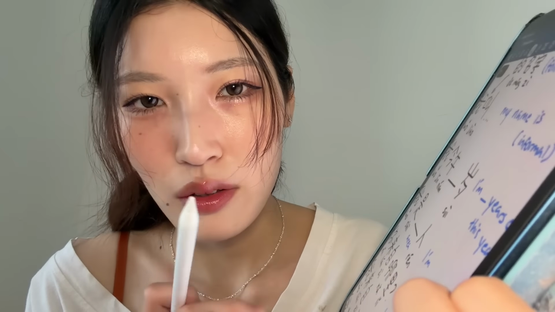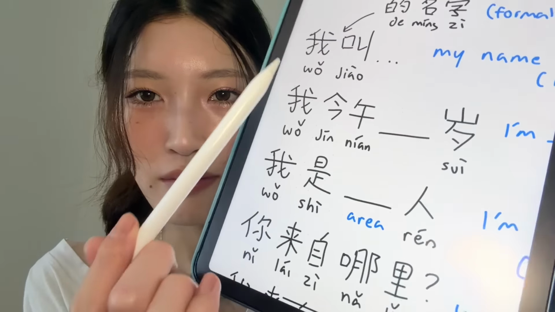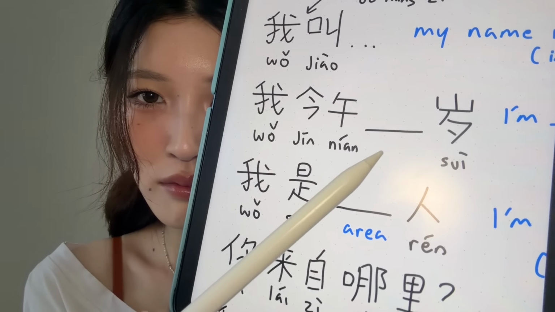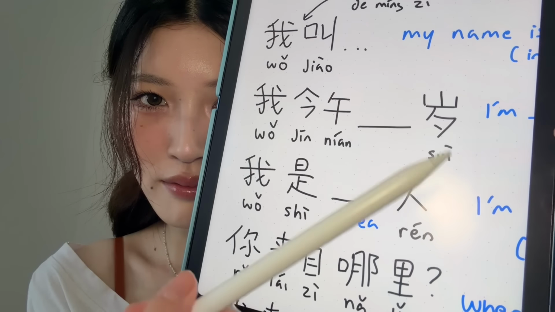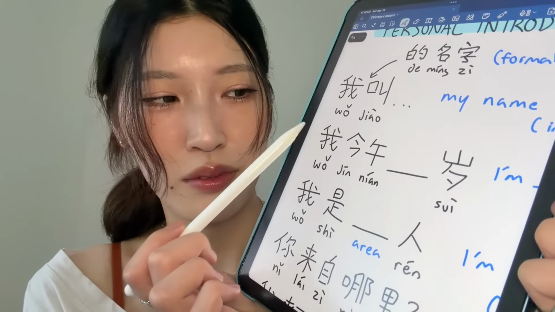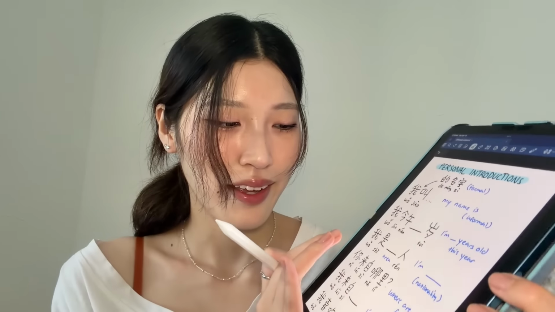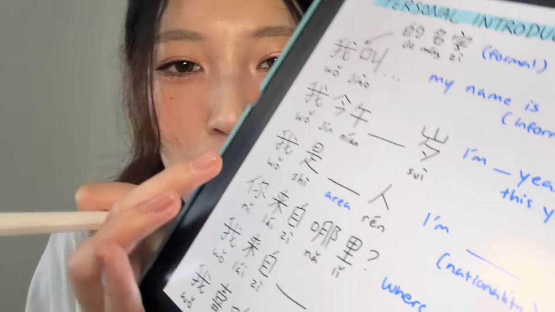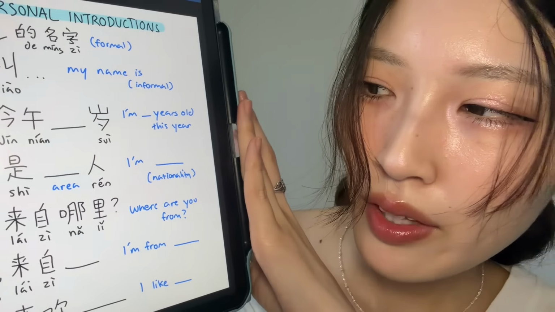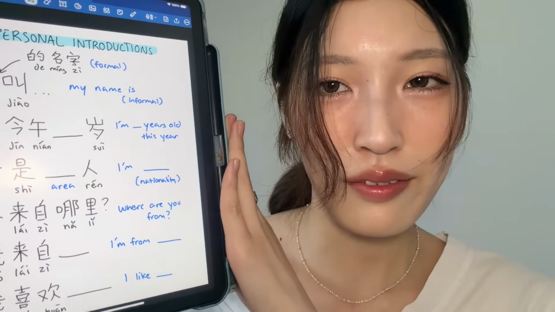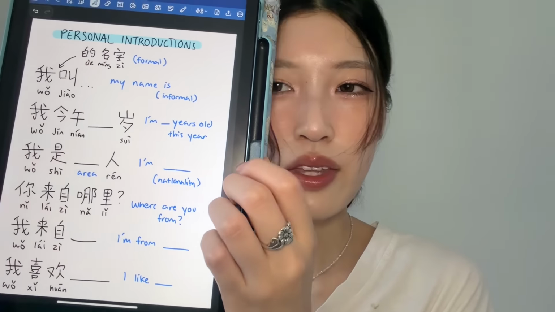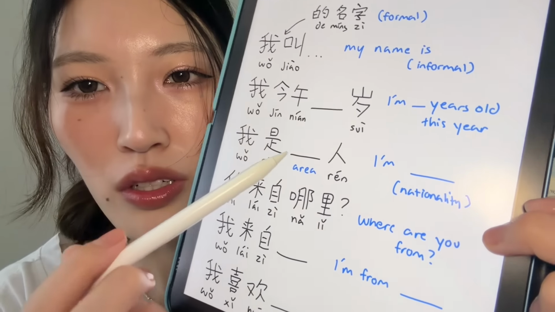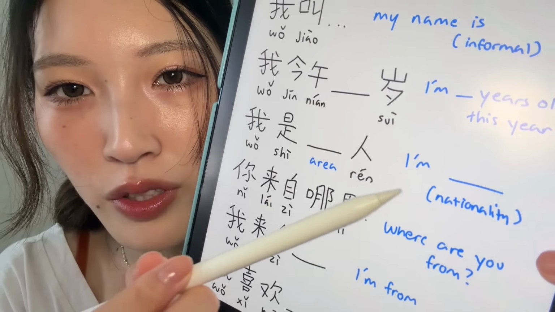你今年多大? Okay, good job. Okay, let's do this one next. If you want to introduce your nationality, so 我是人 refers to person.